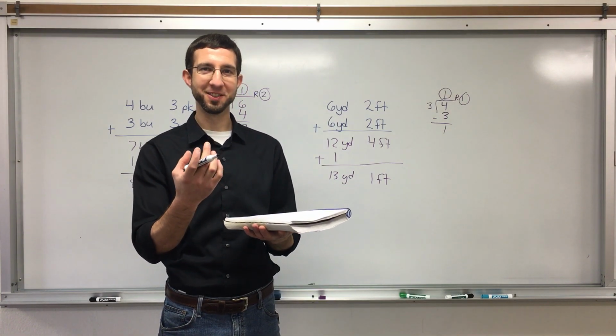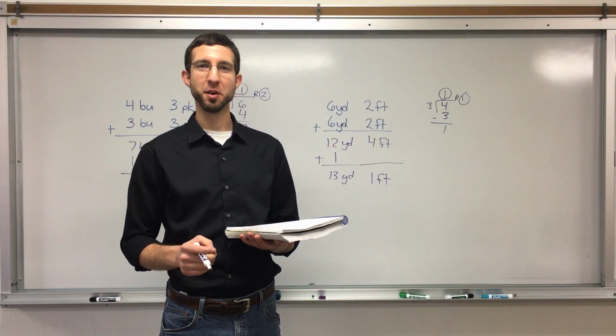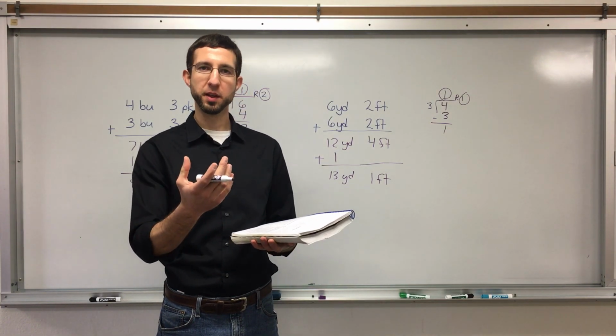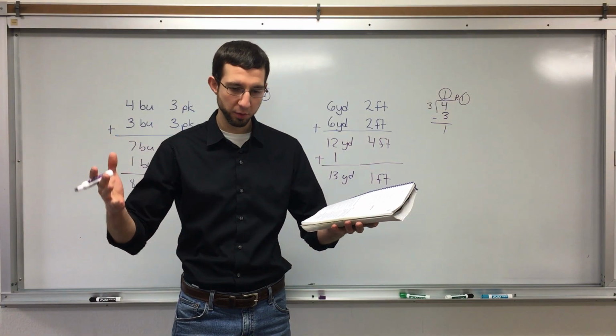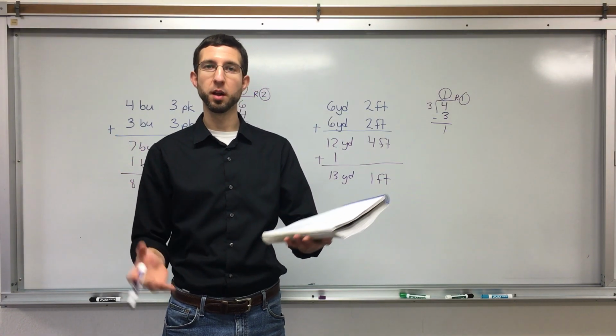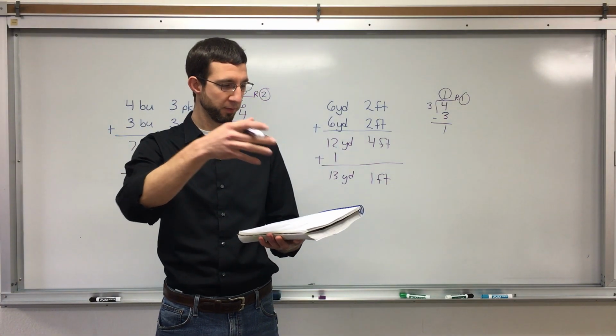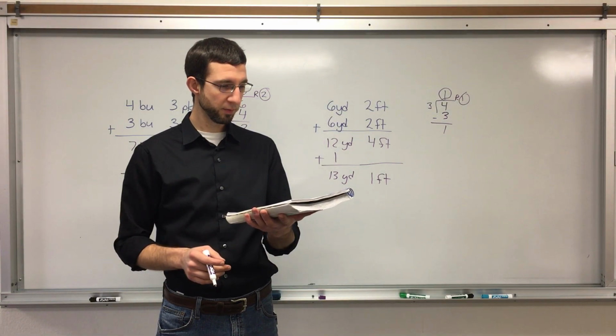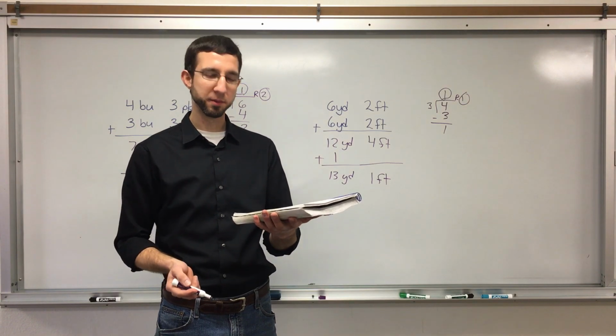Make sure that you estimate instead of working out the problem with the numbers. And when you estimate, remember that you're rounding the figures in the problem to the largest place value. And then that should come out okay.